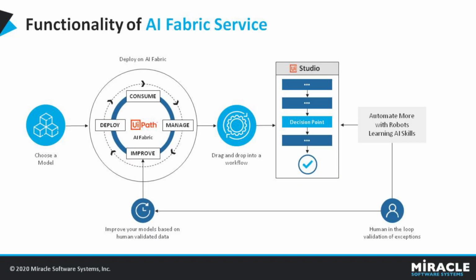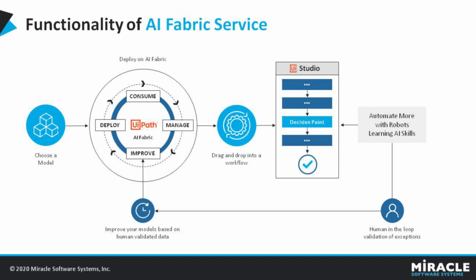To work with the AI Fabric service, we need to have an ML model first. You can use a programming language such as Python or any AutoML platform for building the ML models. Once you're good with the accuracy of your model and feel that it's ready, all you have to do is zip your model file and the metadata that you need to run your model, and then upload that zip file into AI Fabric in Orchestrator.